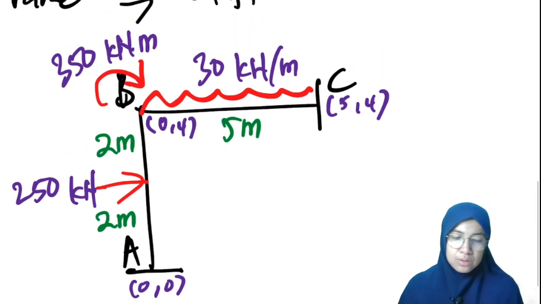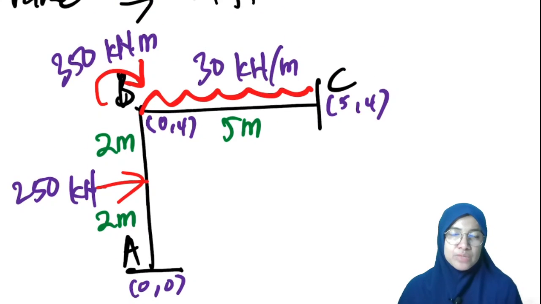The first thing to do is divide this into unconstrained and constrained systems, because we need to label the degrees of freedom, unconstrained first, followed by constrained.